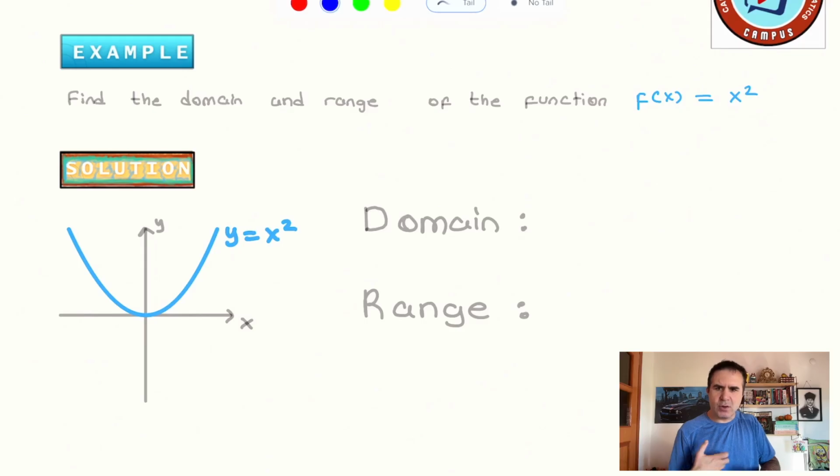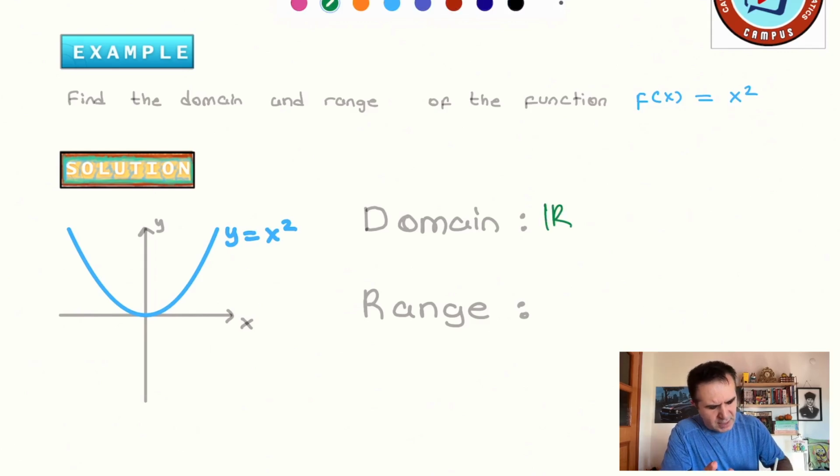The range of y equals x squared is all real numbers greater than or equal to 0, since squaring a real number cannot produce a negative value. So the output starts at 0 and increases without bound. So the domain will be real numbers and the range will be from 0 to infinity.